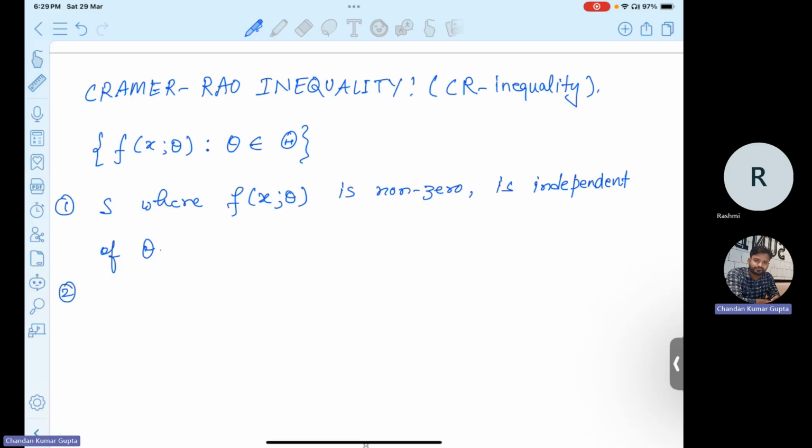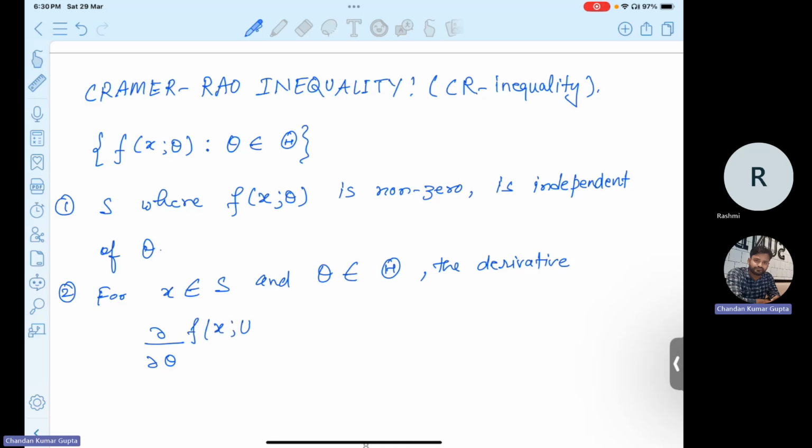The second is: for x belonging to this support set capital S, and for the parameter theta belonging to the parameter space capital Theta, the derivative del by del theta of f(x, theta) exists and is finite.